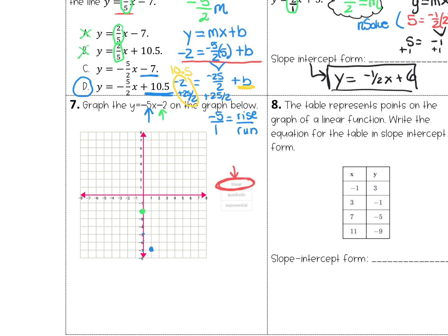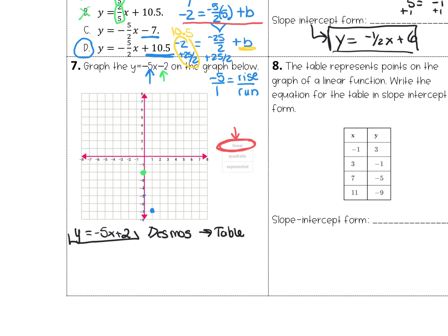Your other option is to take the y equals negative 5x minus 2. You can type this whole thing into Desmos, and then press the little gear and get the table. Or you can put it in your calculator, and your calculator, when you open it, says this.